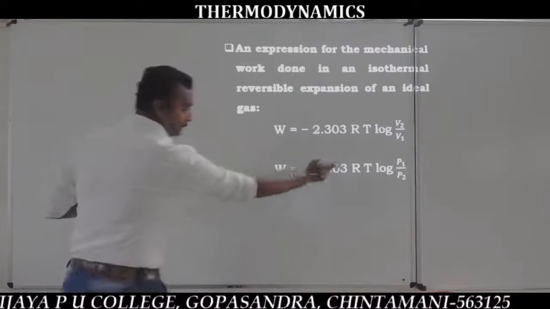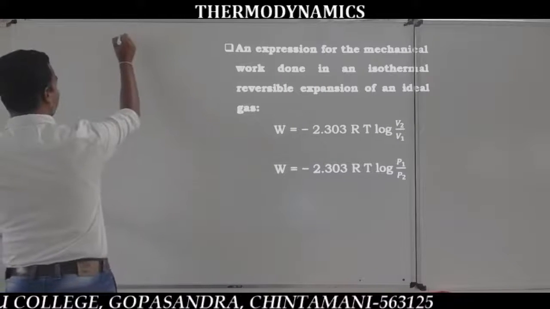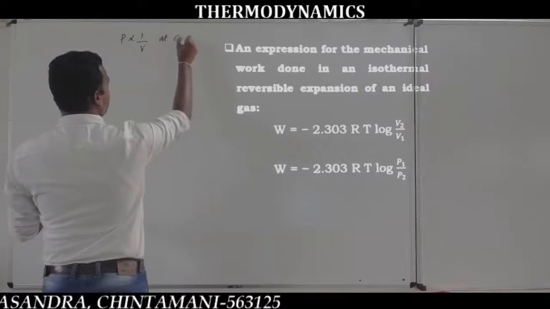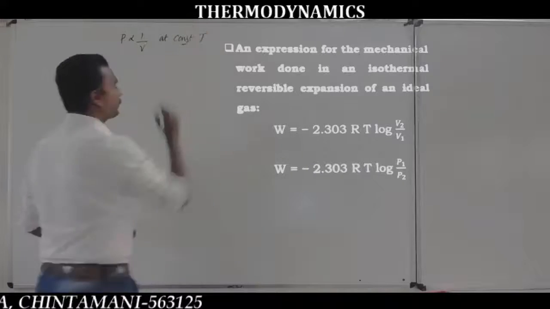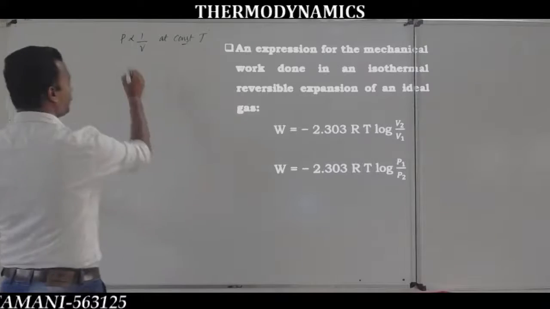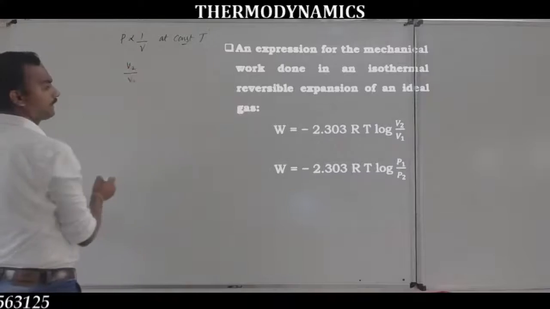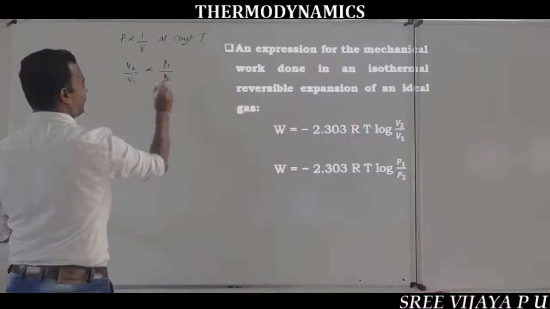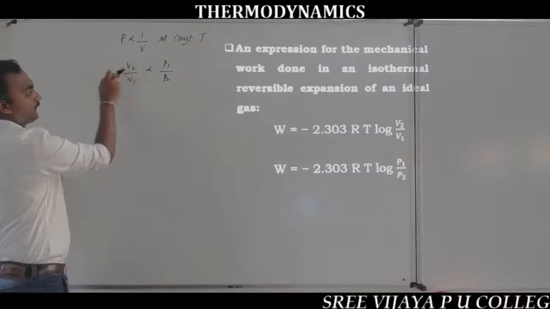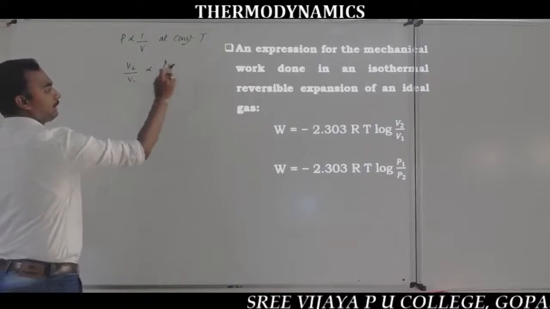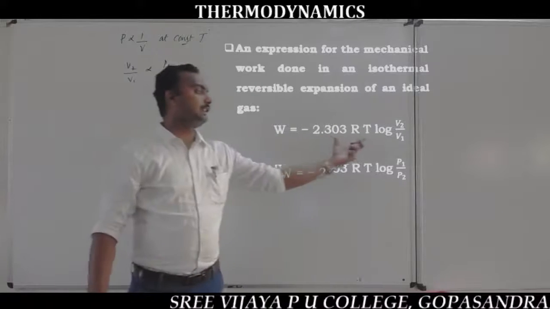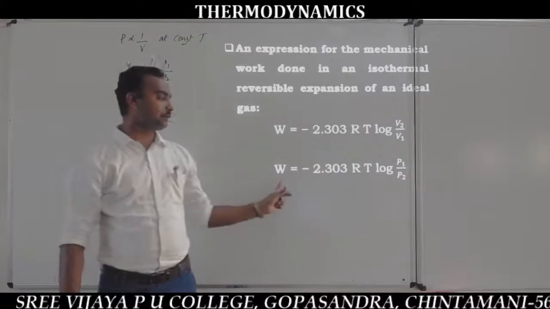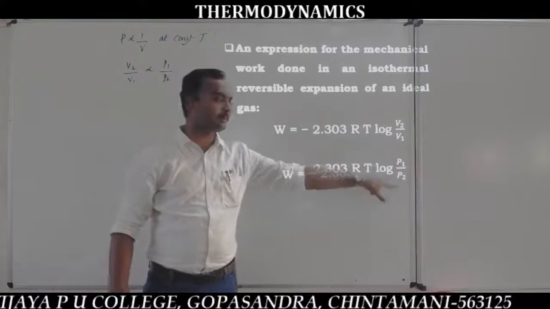In the pressure terms, according to Boyle's law, pressure is inversely proportional to volume at constant temperature. So V2 by V1 corresponds to P1 divided by P2. In a volume problem we can use log of V2 by V1, and in pressure terms, log of P1 divided by P2.